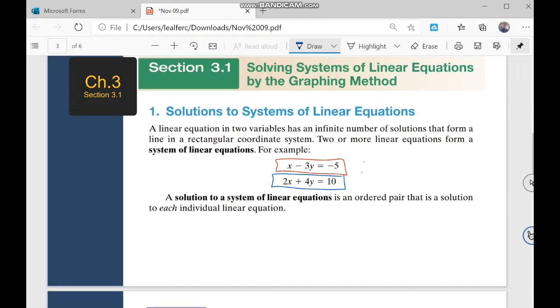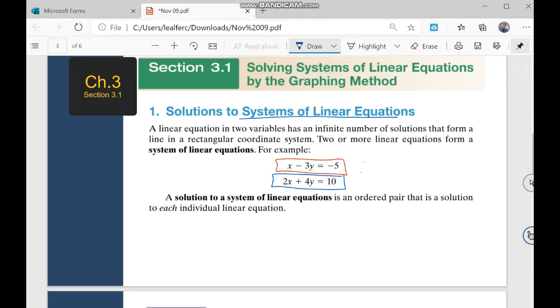And we know what this means. We know how to graph. We know how to evaluate. We worked a little bit on linear equations. But what is a system of linear equations? Putting it in a very simple way, it is when you have 2 or more equations with 2 or more variables.